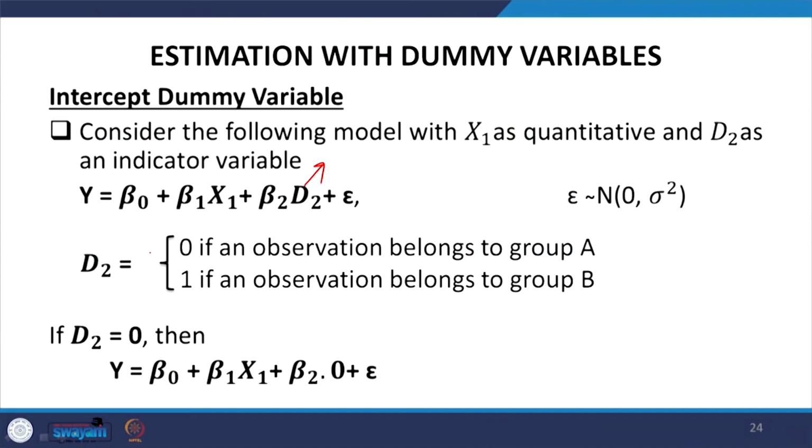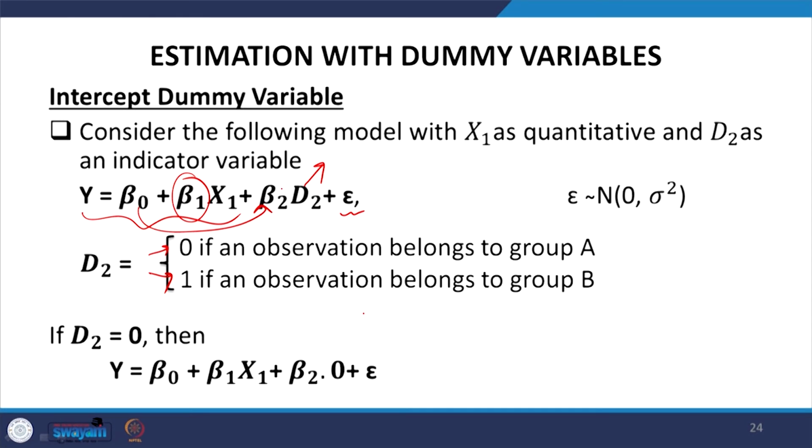If D2 is equal to 0, then what is left in the model is the intercept, the slope term and the error term. Otherwise, if it is equal to 1, the intercept becomes the original intercept plus B2.